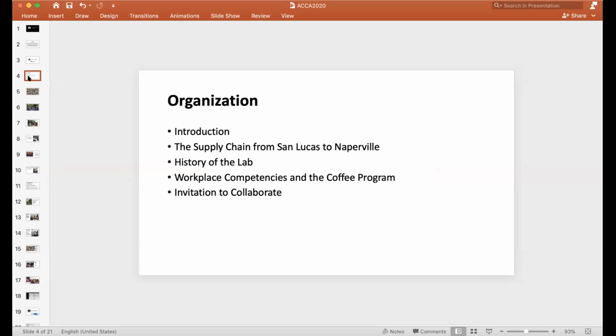And then we have our invitation to collaborate. And I don't mean Blackboard Collaborate, I mean actually collaborate. And what we're hoping there is to work with other institutions and also with secondary ed students in ways that take full advantage of what having a full coffee production facility on our campus provides. So that's our outline.